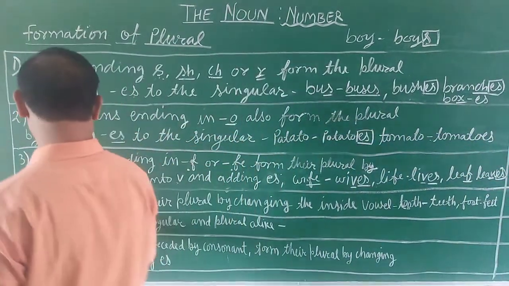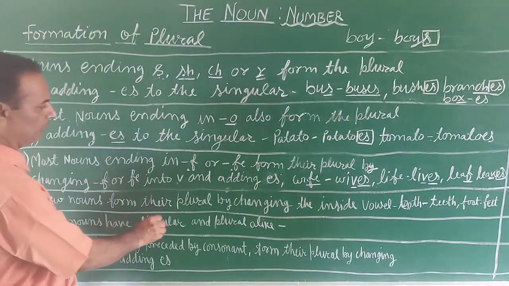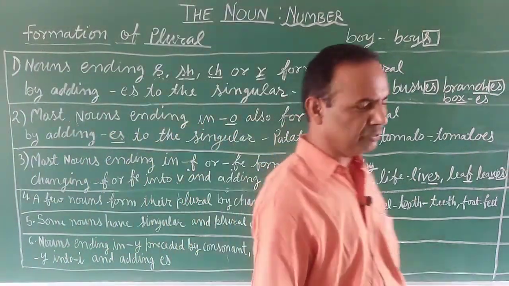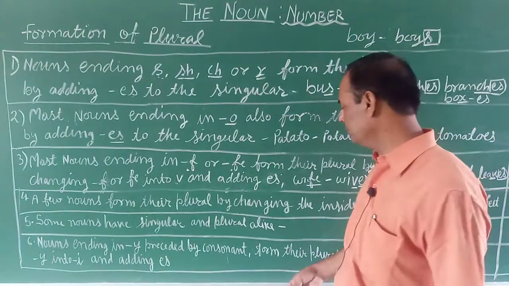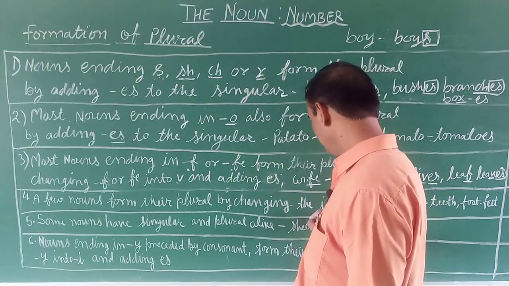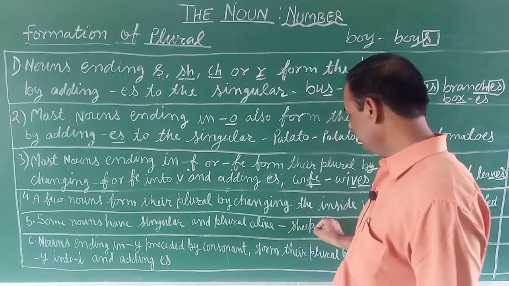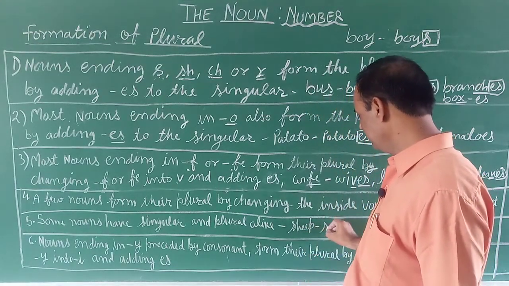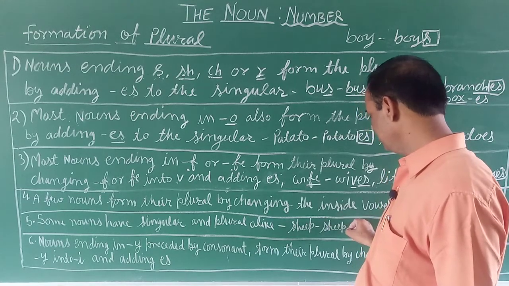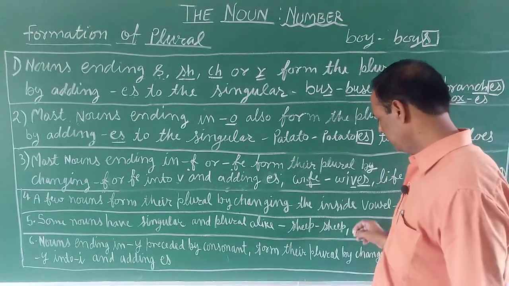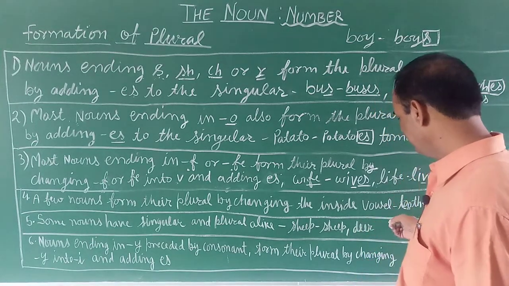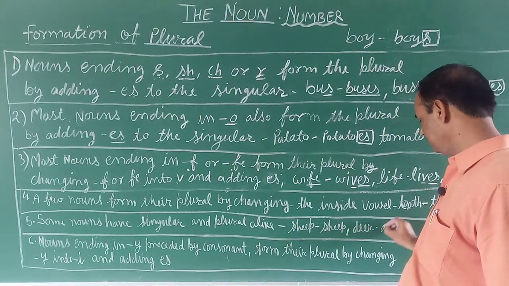Next rule: some nouns have singular and plural alike. They are the same. Singular and plural are the same, not changed. As sheep. What is the plural of sheep? Same, without any change. In the same way, deer. So it will be deer, no change.